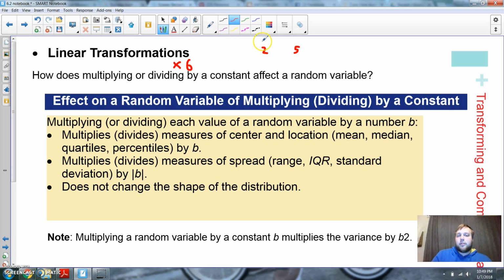By the way, would you guys agree that the distance here is 3? And where's the mean? 3.5, I guess. So the mean is 3.5 right now. The distance between the two is 3. What happens if I multiply everything in my data set by 6?